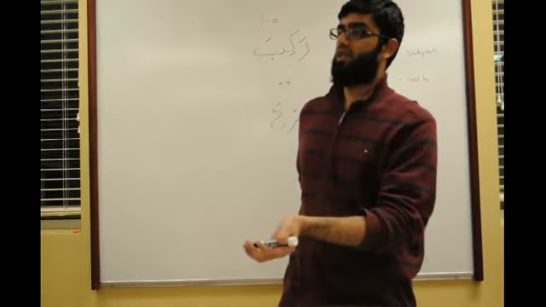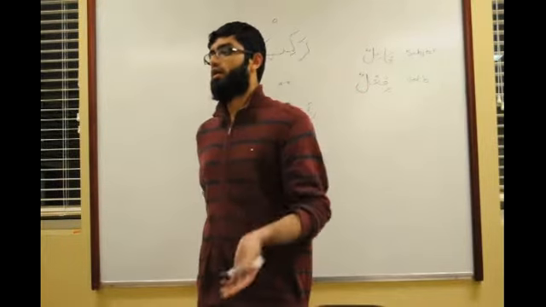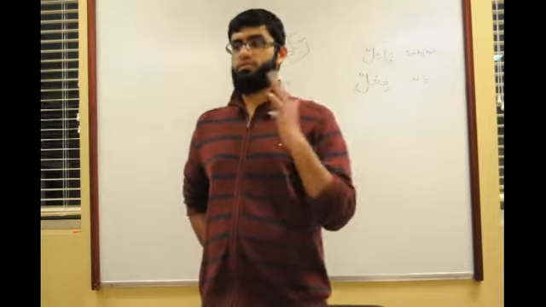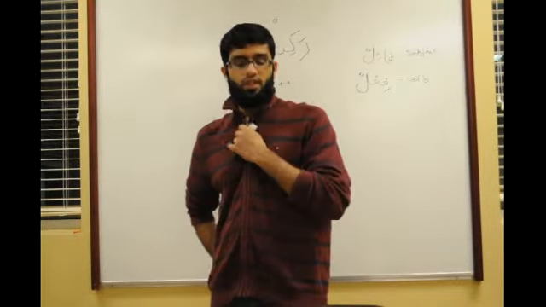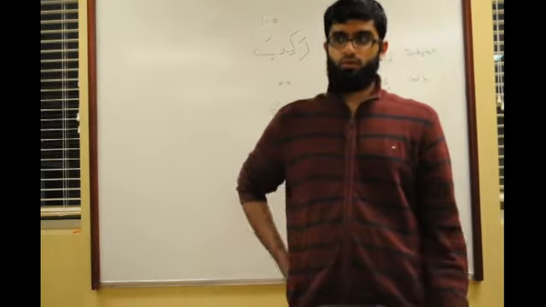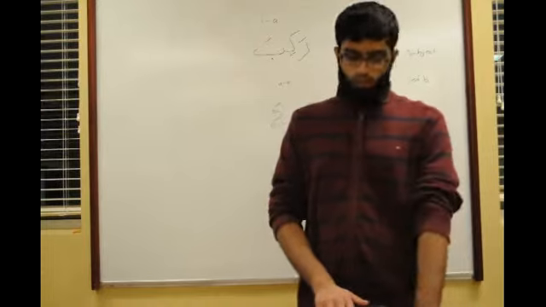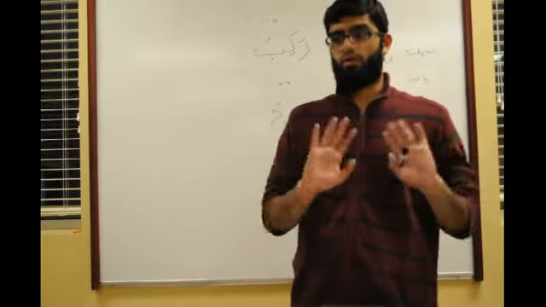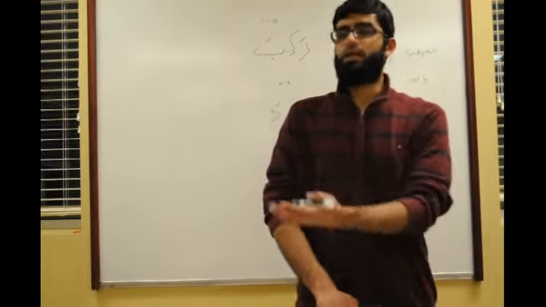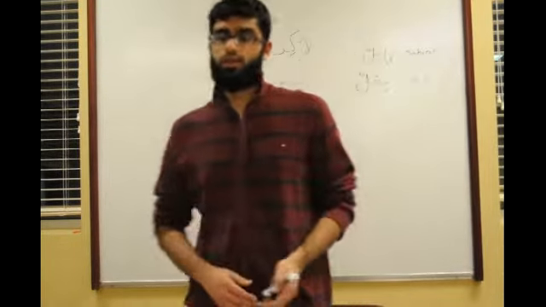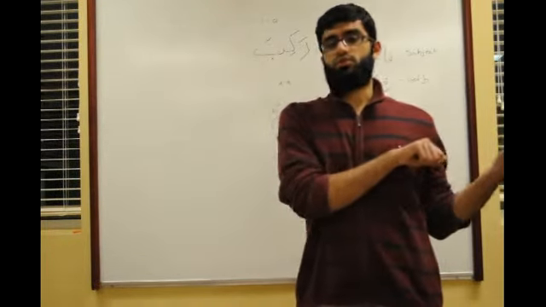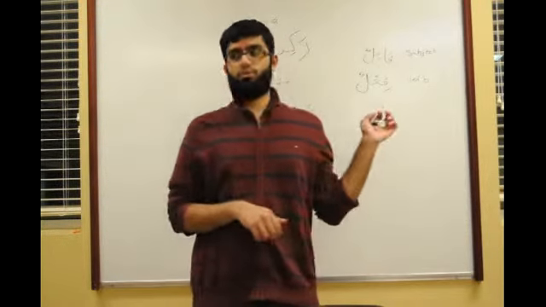What you're saying for baytuhu, his book, or baytuha, her book, those are attached pronouns, but they're for mudaf ilayhi. They're not for verbs. These pronouns are for verbs. You will never see dhahabaka for that. Those earlier pronouns will come, but they will come as maf'ulun bihi, as objects.